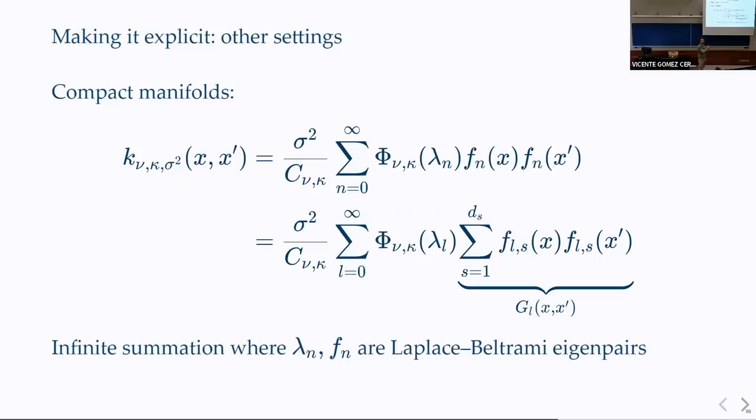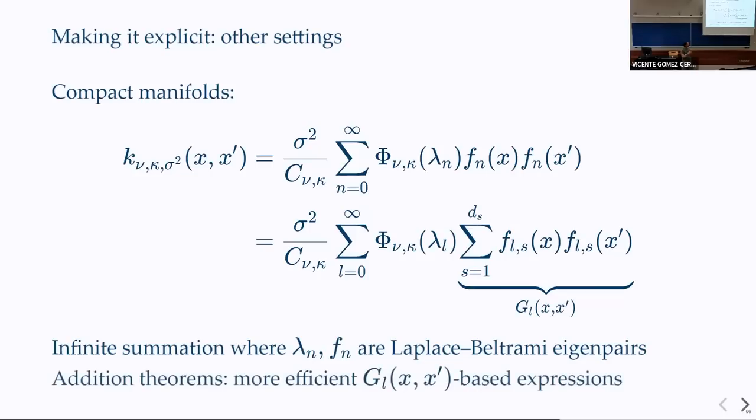The same eigenvalue corresponds to a lot of different eigenfunctions, so you can group a part of this expression into a separate inner summation. And it turns out that for manifolds, very often there are independent ways of computing this thing, which don't require you to actually compute these.